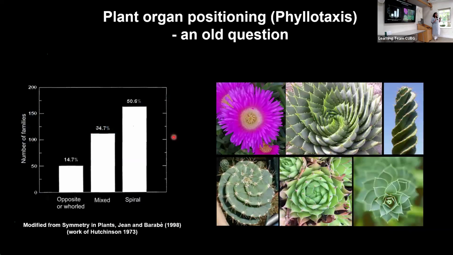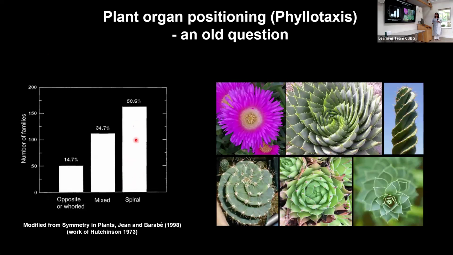Now I'm sure if you take a walk around this beautiful garden, you may have noticed that there are diverse plant forms around us, and they show very striking arrangement of flowers or leaves around the stem. And it was already studied in the 1990s that the spiral patterns of organ development and positioning are most common.